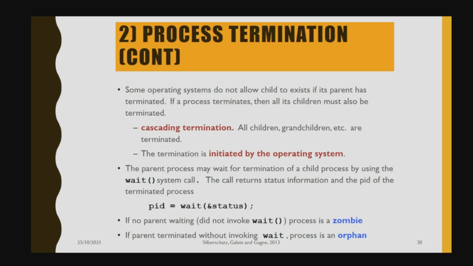So it looks like this: pid equals wait(status), assigning the result to the process identifier. If no parent is waiting, meaning it did not invoke wait, the process is a zombie. And if the parent terminated without invoking wait, the process is an orphan, meaning there is no parent.